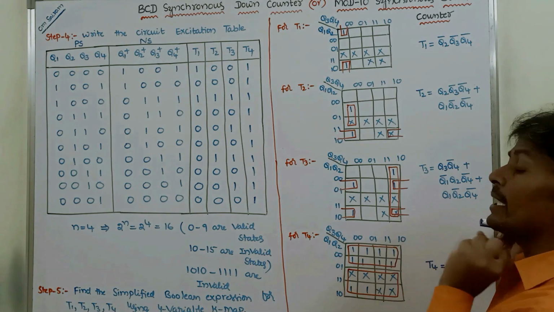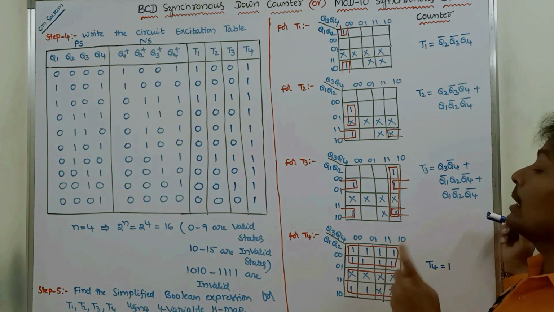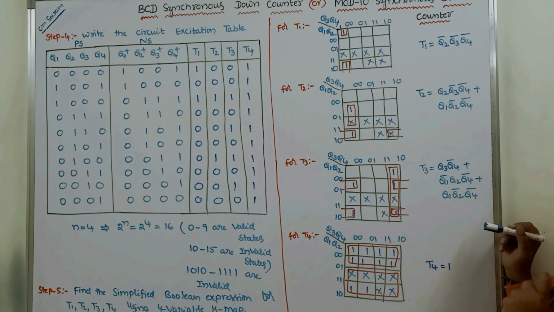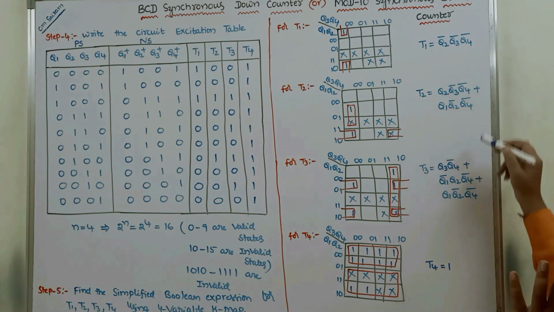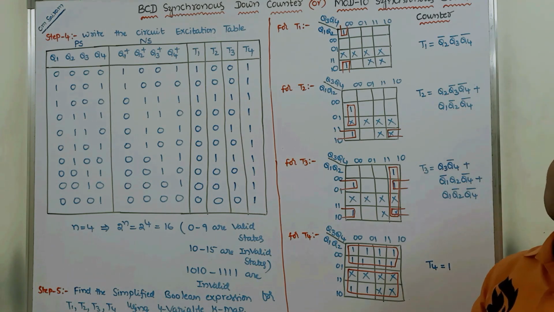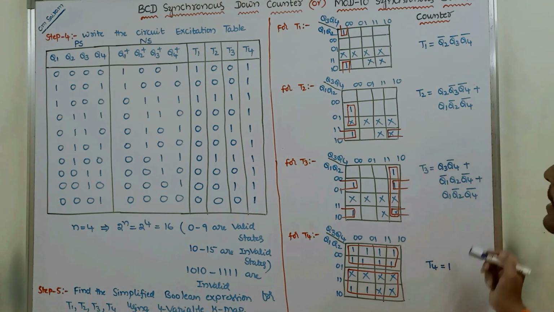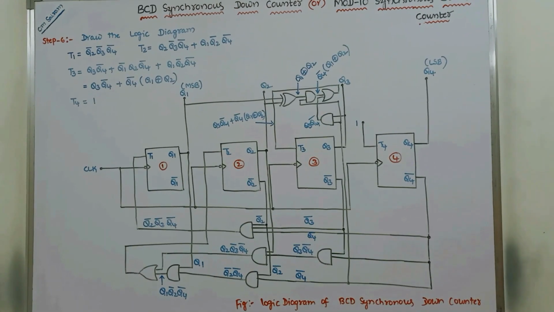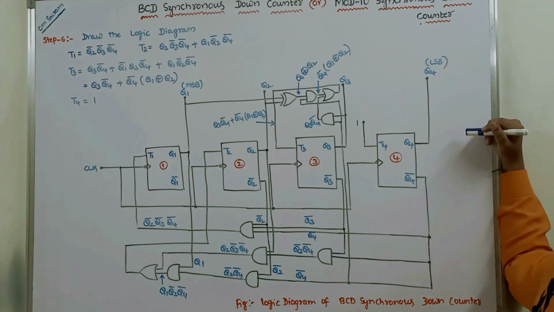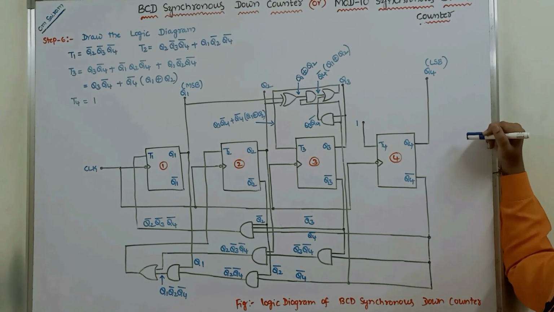By combining these two octets, we are getting T4 equal to 1. So these are the simplified expressions for T1, T2, T3, T4 excitation inputs. Next, we have to draw the logic diagram by using these expressions in step 6. And this is the logic diagram of the BCD synchronous down counter.